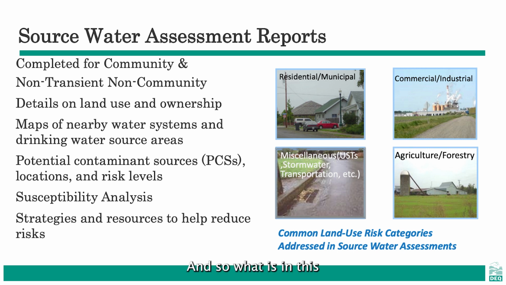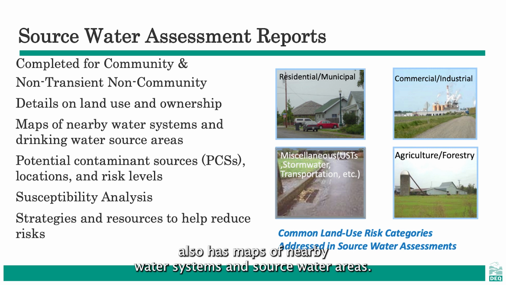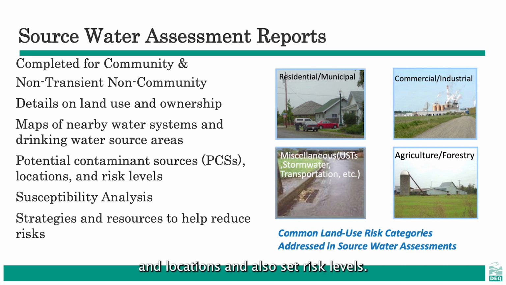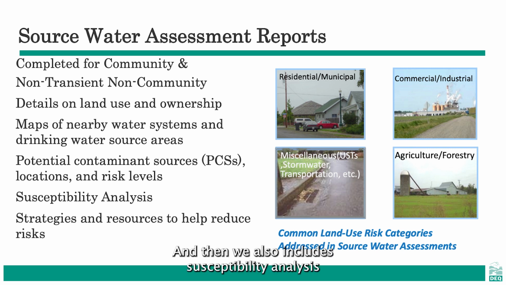So what is in this type of report? It details land use and ownership. It also has maps of nearby water systems and source water areas. We identify potential contamination sources and locations, and also set risk levels. And then we also include susceptibility analyses and strategies and resources to help reduce risk.